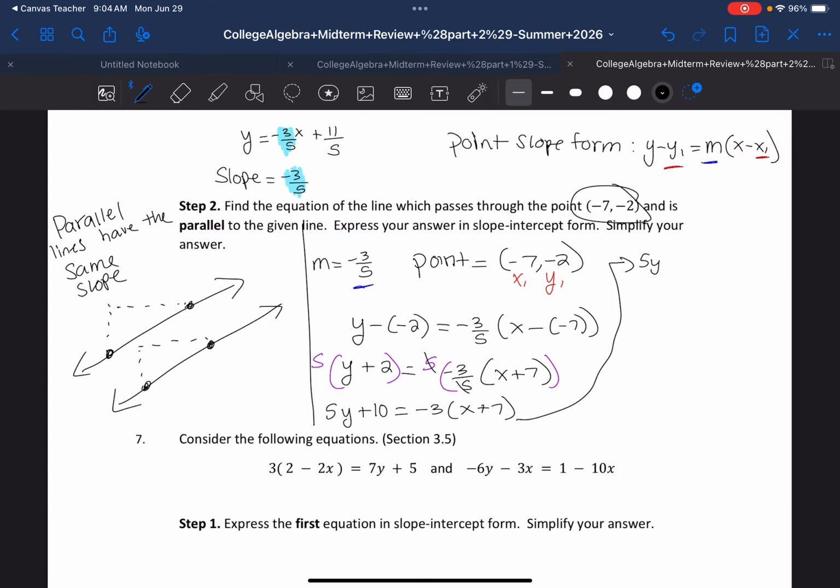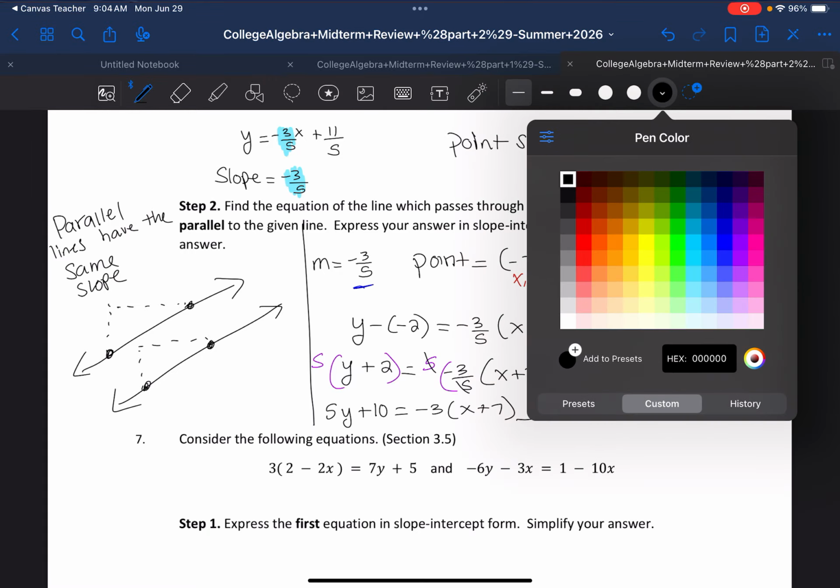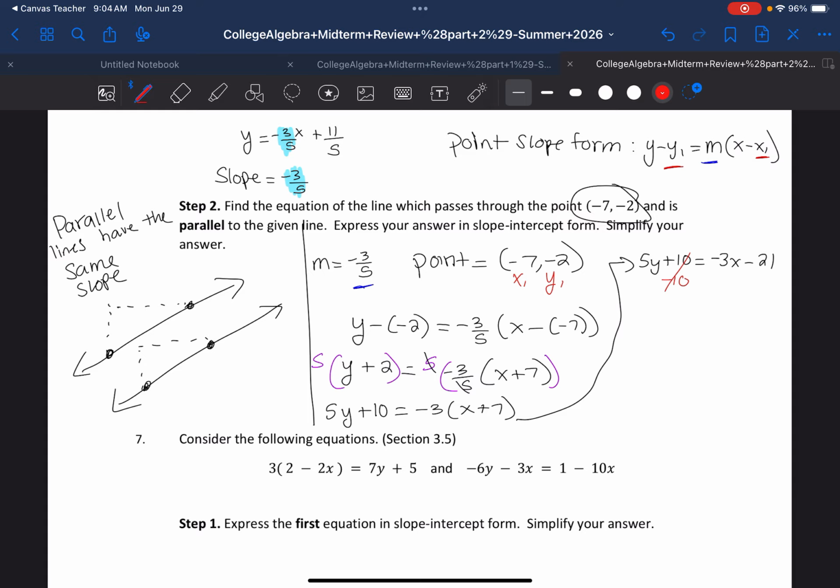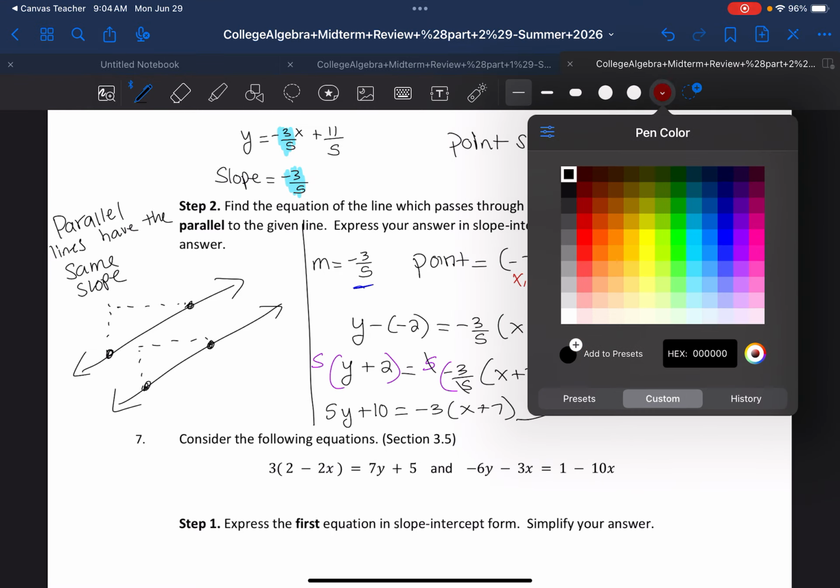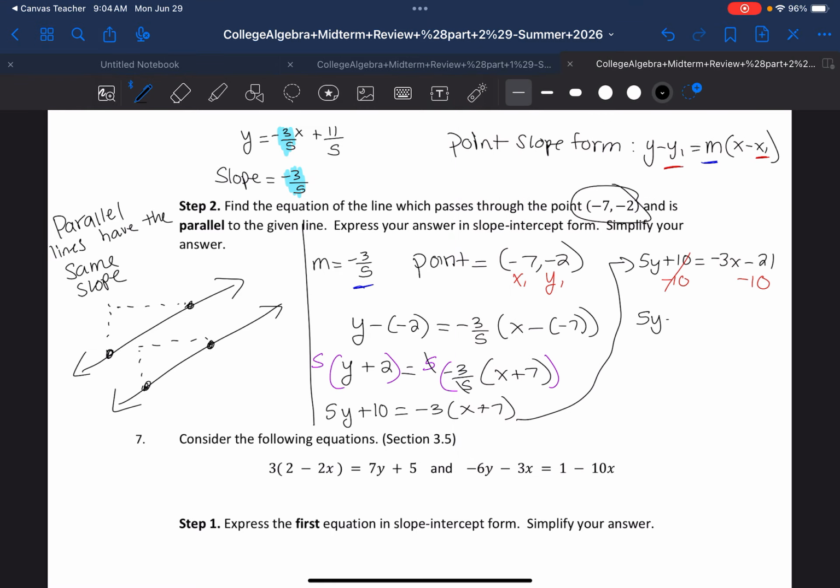And so bringing this up here, 5y plus 10 equals, and then I'm going to distribute that -3 and get -3x minus 21. And they want me to express my answer in slope-intercept form, so that's why I'm continuing in this process, and I'm working on getting the y by itself. So I'm going to subtract this 10 over, which will leave me with -3x minus 31.